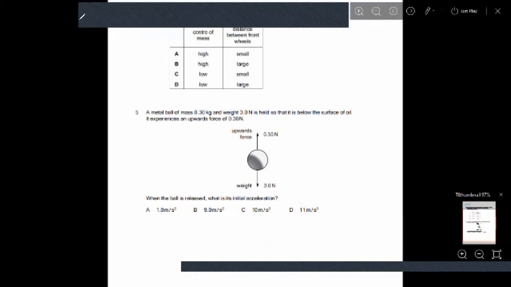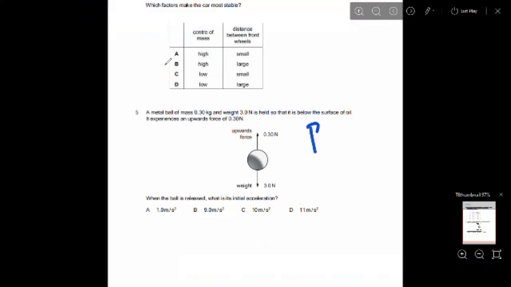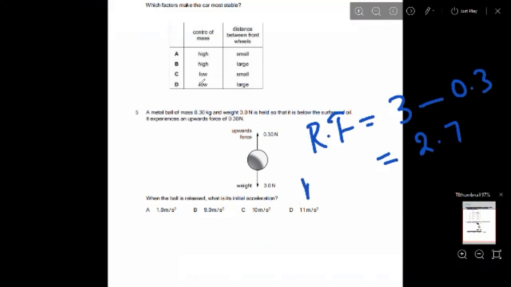Okay, let's calculate this. What is the resultant force? Resultant force, which is equal to 3 newton is in downward direction and 0.3 is in upward direction, so we have 2.7, which is our resultant force, and we can write resultant force as F equals m times a.